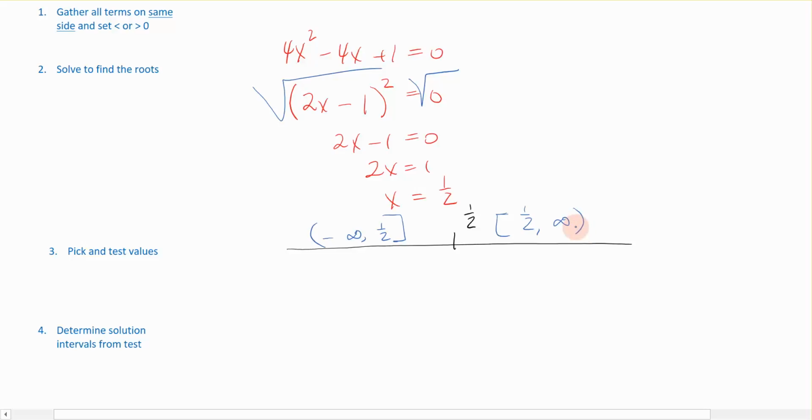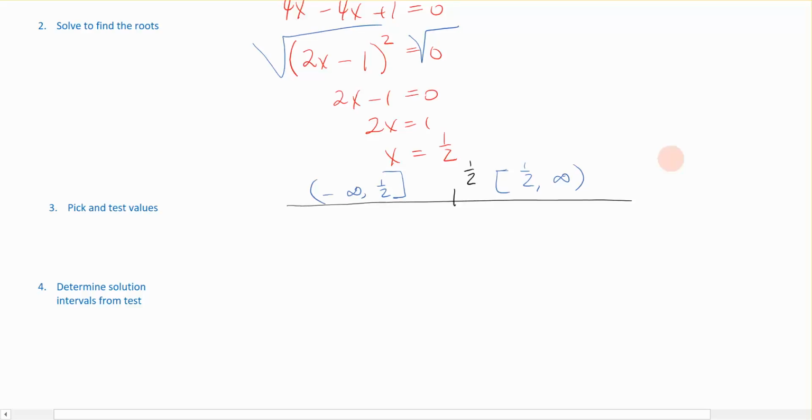So now let's pick some values and test them. To the left of 1/2, I'm going to pick 0 again. To the right of 1/2, I'm going to pick 1. Now my function, let me write it for you again down here, was 4x squared minus 4x plus 1, and we're asking where it is less than or equal to 0.